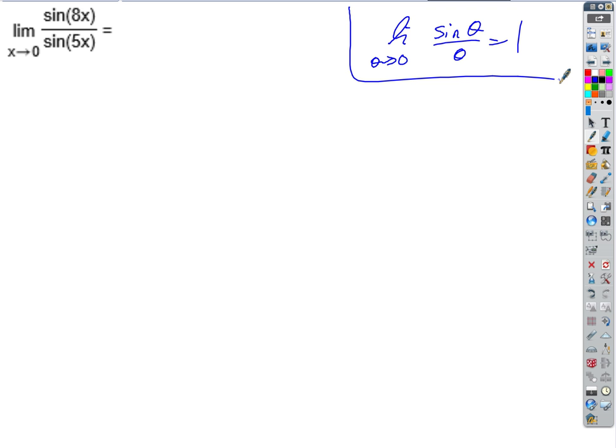So this is the one we want to go back to, we want to write it in the simplest form. Our goal is to see if we can have this limit popping out in this expression. So we have two different sines. When I have sine 8x and sine 5x, I'm stuck with those. It's really inconvenient to change the angles in trig functions.